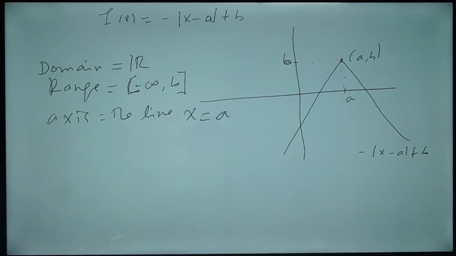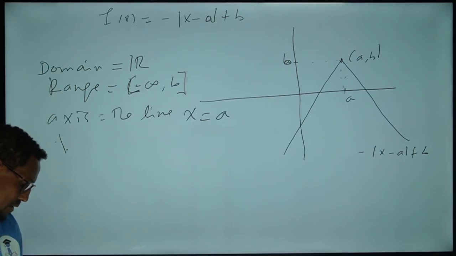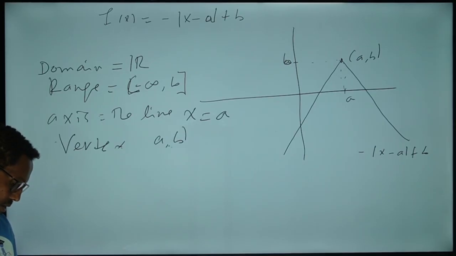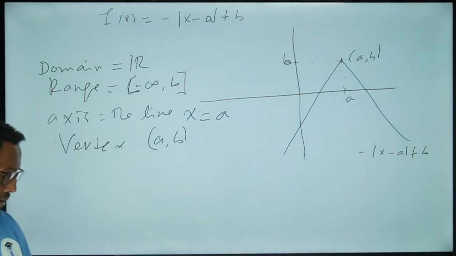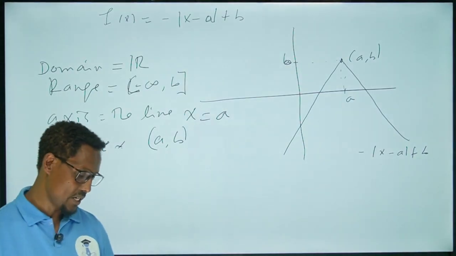Domain, range, axis line of symmetry, vertex (a, b). Okay. The vertex is (a, b).